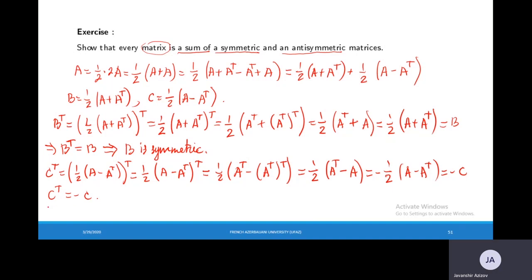From the previous lecture, you know that the trace of A is equal to the trace of the transpose of A. Because of this, the diagonal terms of C will be zeros. These two conditions imply that C is antisymmetric.